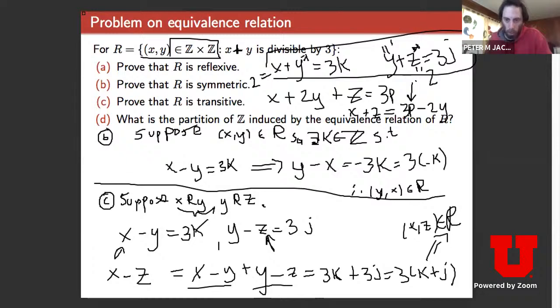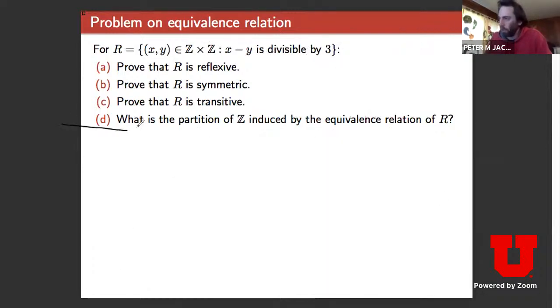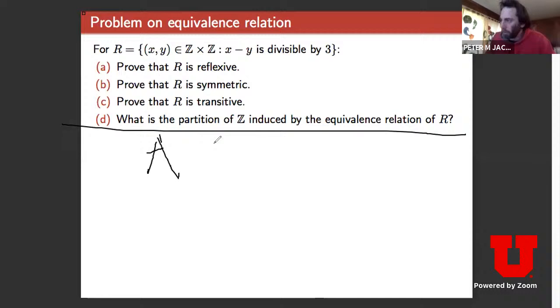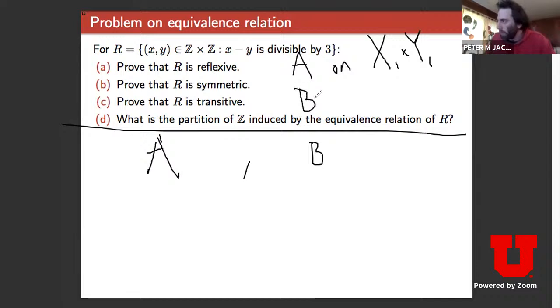For question 11, the most important thing is just to remember the definition of what the composition of two relations is. Let's say that A and B are both relations, where A is a relation on x1 cross y1, and B is a relation on x2 cross y2.